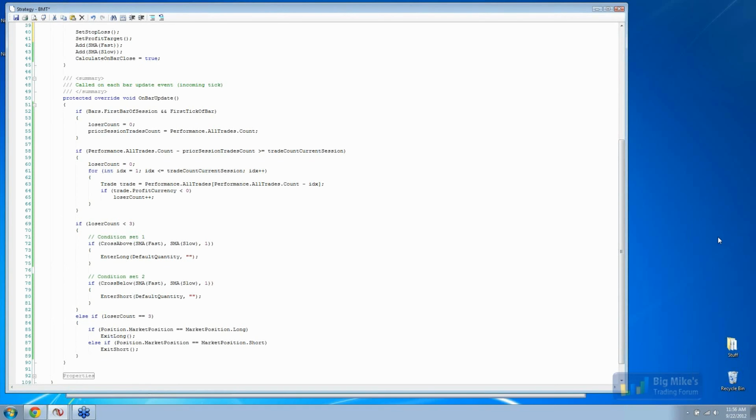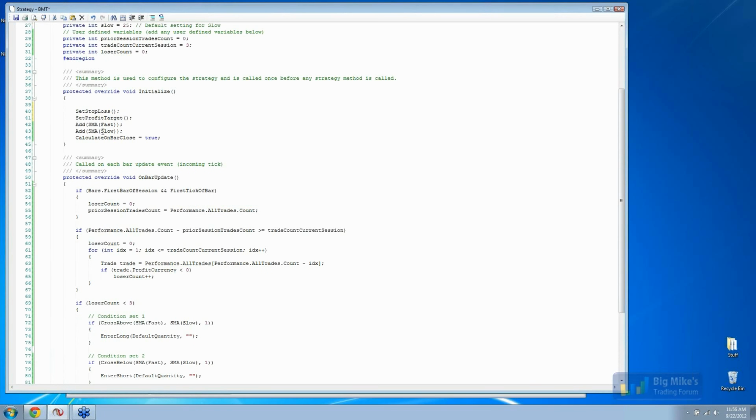Thanks, Bob. Juan, you asked about having changed calculate on bar close to true. When I change this to true, there's no real reason to leave this in first tick of bar. I generally leave it there just because sometimes I switch calculate on bar close from false to true.